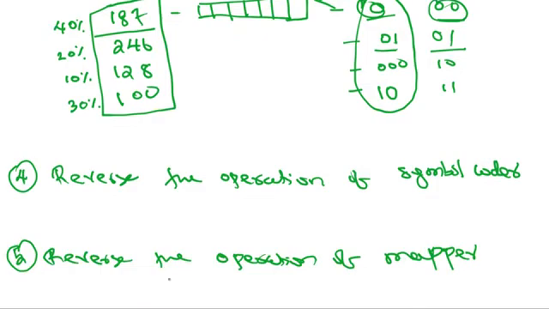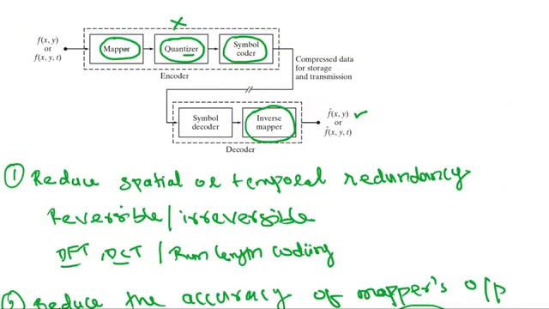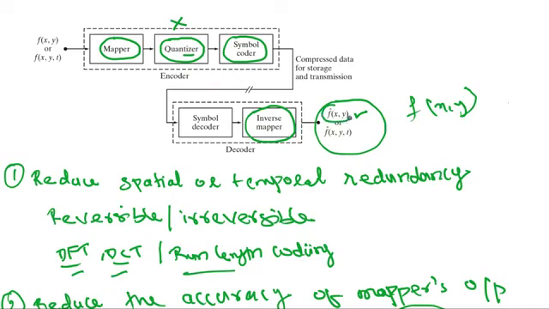And for the inverse mapper, the mapping operation has performed processes like DFT or DCT or run length coding, so we have to reverse those operations as well. That is the purpose of the inverse mapper. After doing this process you will get an image that looks completely like the original image f(x,y) if it is lossless compression, and otherwise f hat (x,y) if it is lossy compression.